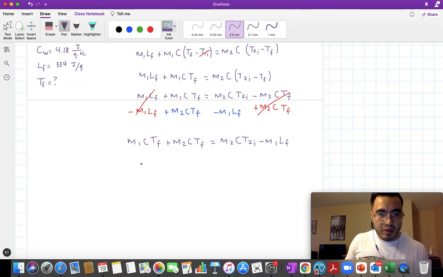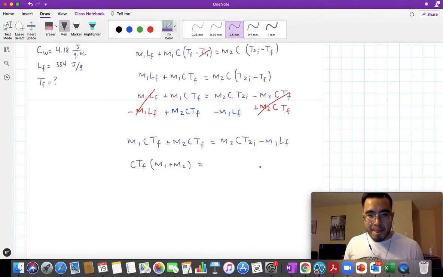So I'll have specific heat times temperature final, parentheses, mass 1 plus mass 2 equals, now, I don't have specific heat in this one, so I cannot factor out anything per se, but I can do something so that I have this as if I had factored it out, and have my equation be mathematically sound.